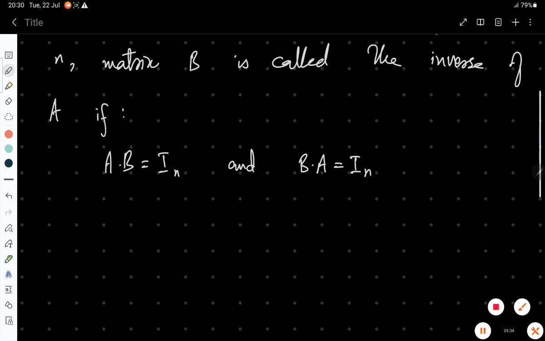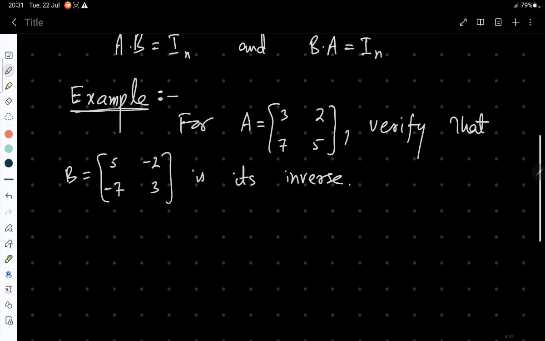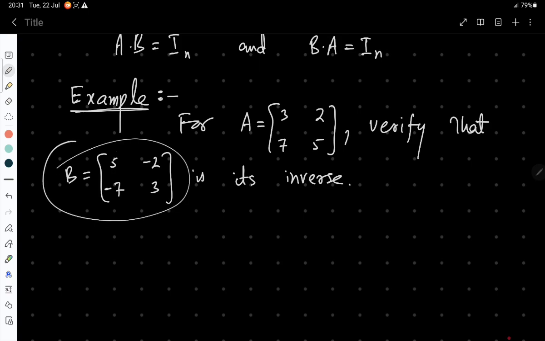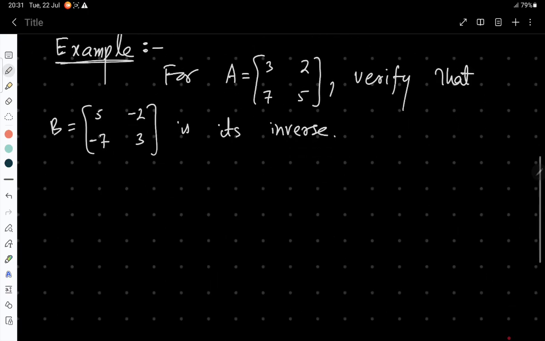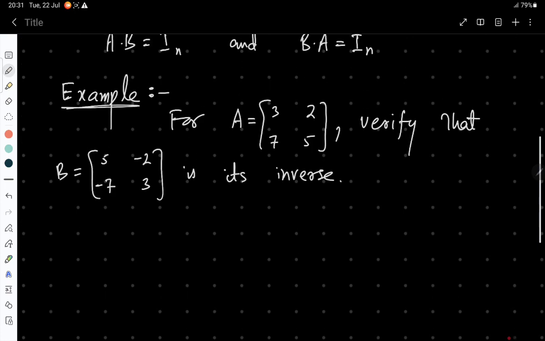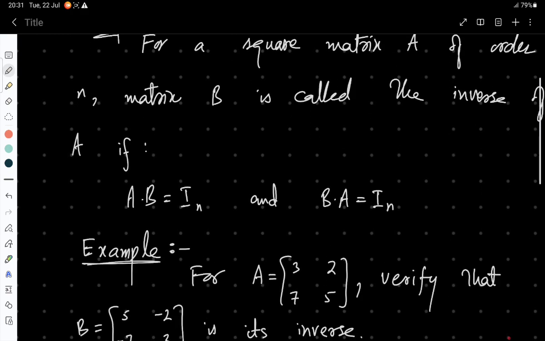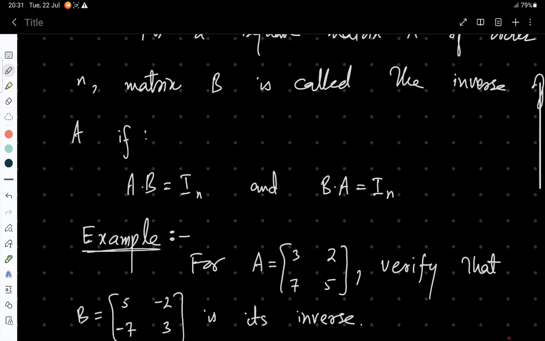Let's do an example. In this example, I have a matrix A and a matrix B. We have to verify that this B is the inverse of this matrix. How do we prove that B is the inverse of A? By the definition, B is the inverse of A if whenever I multiply B with A or A with B, I always end up with the identity.